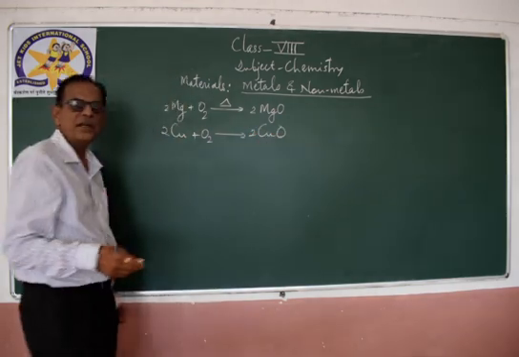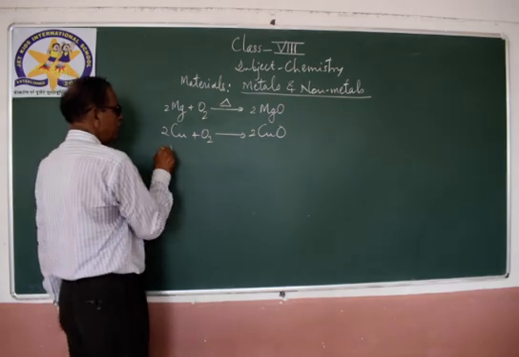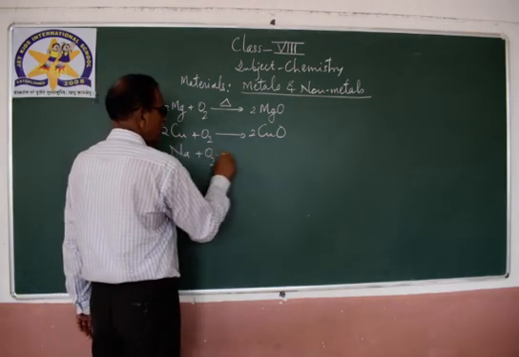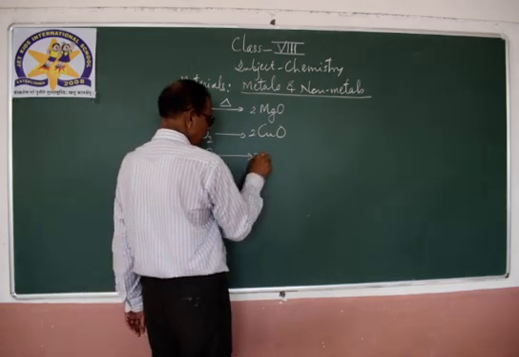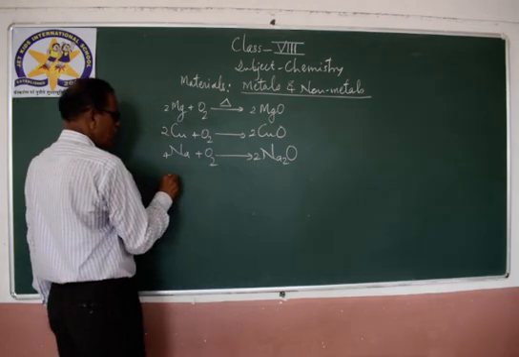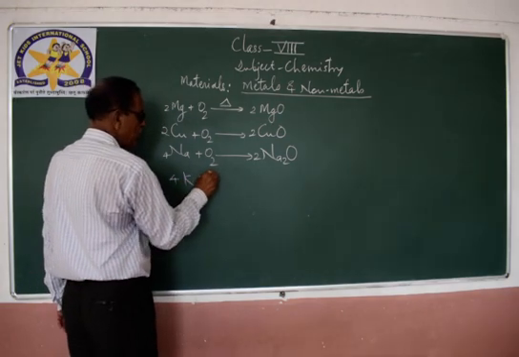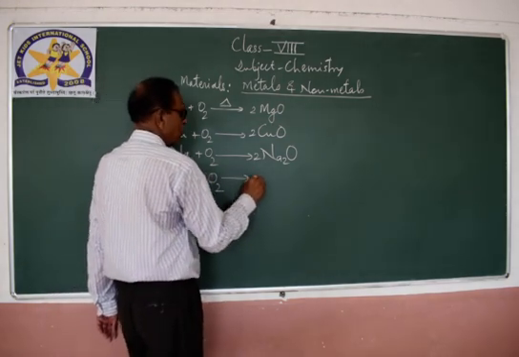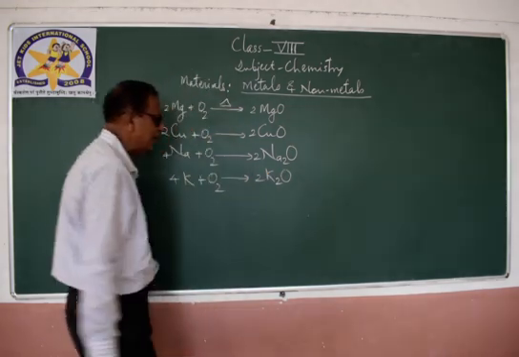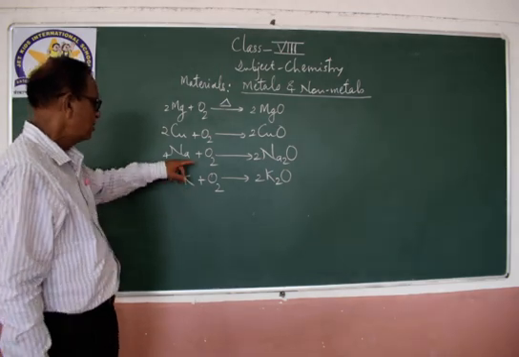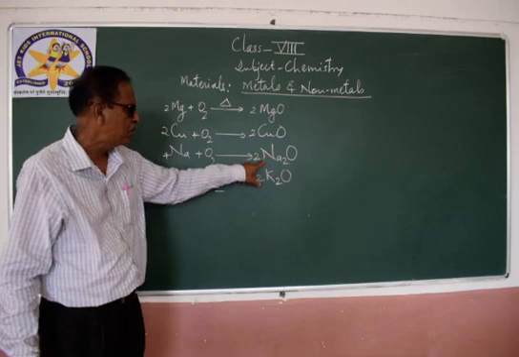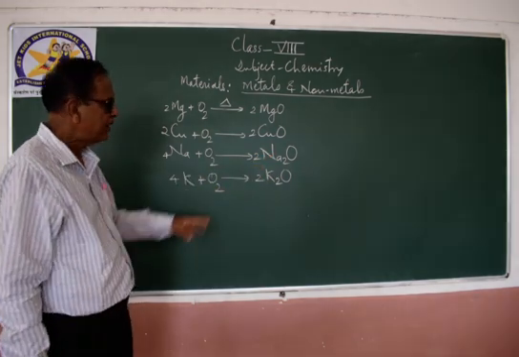Then you can take different metals, sodium, for example: 4Na + O2 giving 2Na2O. Then 4K + O2 giving 2K2O. See the balancing of the equation. Here we have taken 2 oxygen atoms. And why this formula?